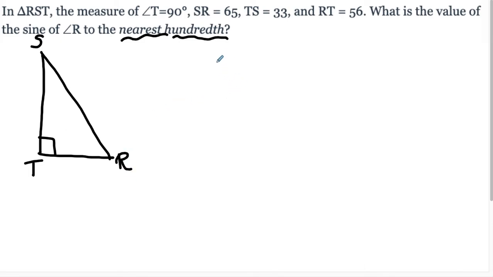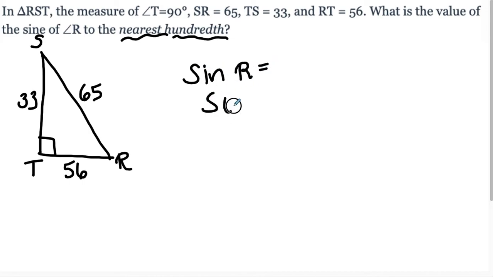Now we're going to label what we know. SR is 65, TS is 33, and RT is 56. Now we're going to find the value of sine R. Sine of R means we're comparing the opposite over the hypotenuse.